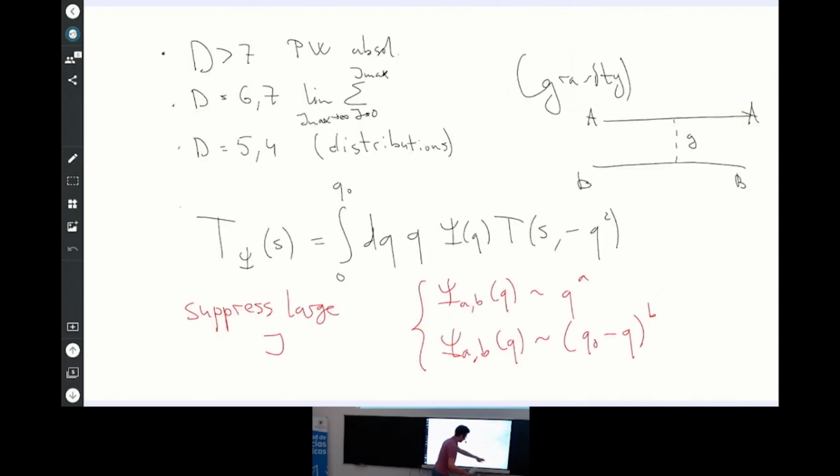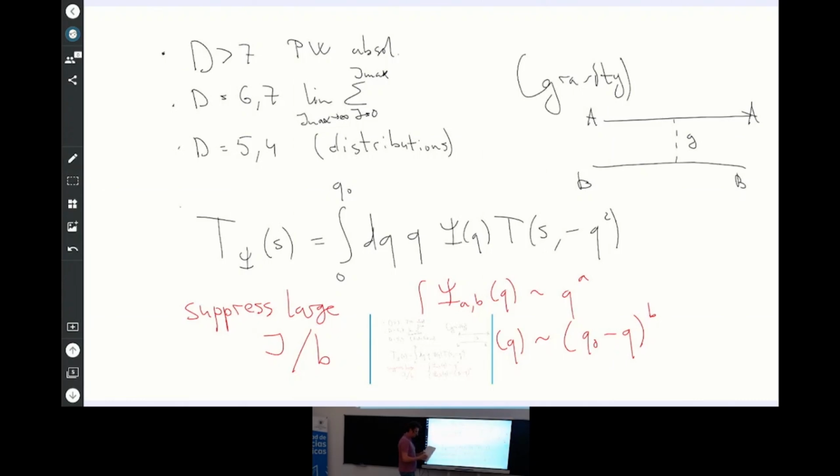Here you also need to have enough smoothness, and basically you can check that if you take a Legendre polynomial and integrate it with such functions, then you suppress large J. And large J is the same as large B, of course, large impact parameter. So in general, the intuition is that when you do the smearings, if you want to get rid of the large J physics, for example, because you find it boring, that's what you can do.